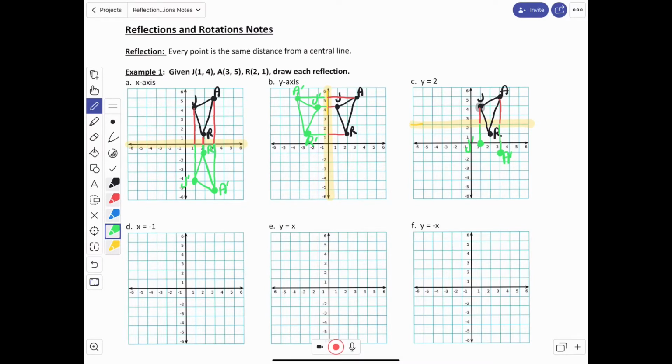Now R is on the other side. It's 1 unit away, but we're going to cross to the other side. So R is going to be right here. Here's the new R. So here are the coordinates of our new triangle when it's reflected this way.